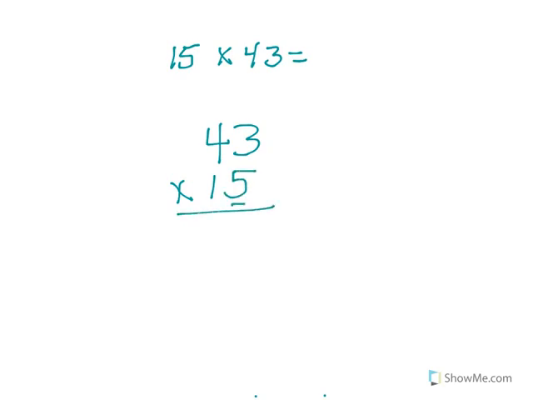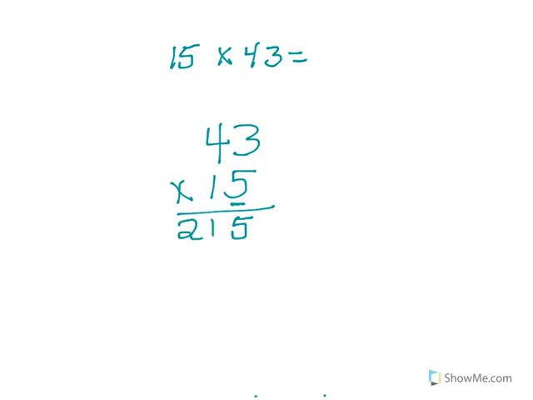Okay, I always start with my ones place, and I'm going to do 5 times 3, which is 15. So I put down my 5, carry the 1. Then I do 5 times 4, which is 20, and I add 1 and I get 21.